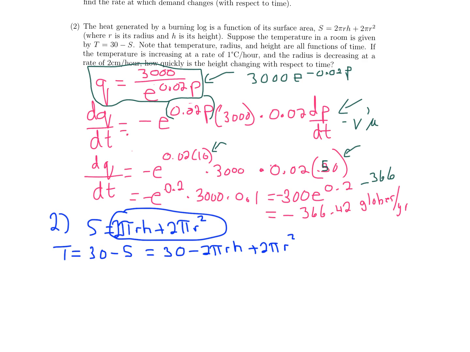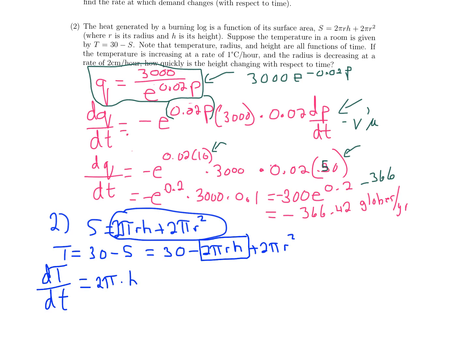Okay, so what we're going to do is implicit differentiation again. dT over dt, with little t for time, equals 30 is going to have a derivative of 0. And then this one's going to be product rule, okay, because we have two different variables there. So we're going to do 2 pi for the derivative of 2 pi r times h plus dh dt.